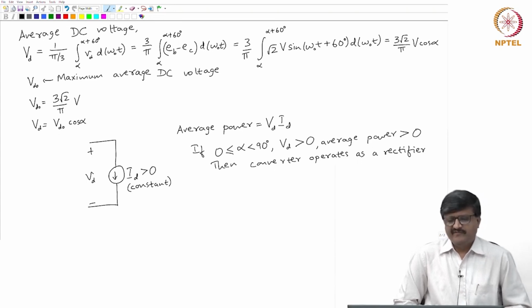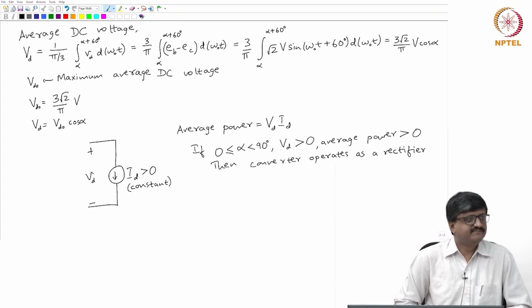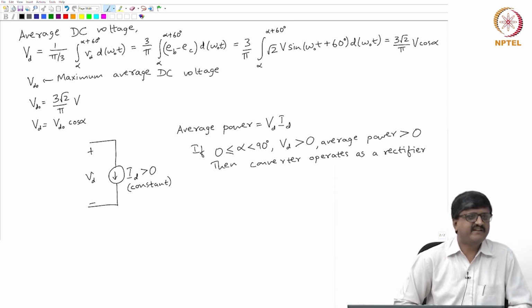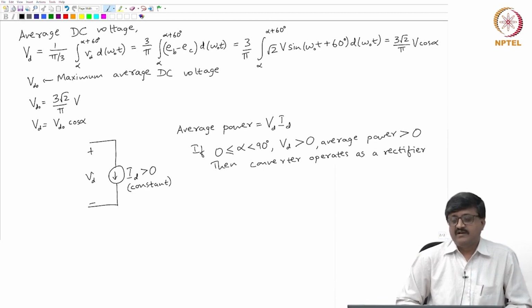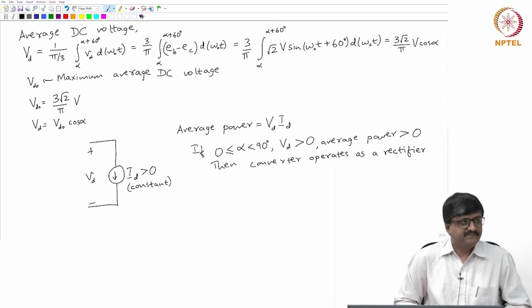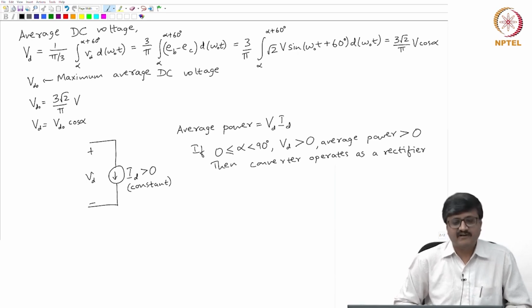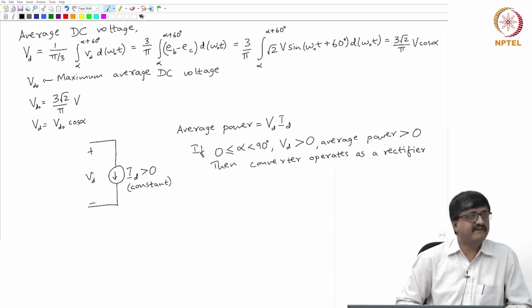Now, if alpha is 90, it is neither a rectifier nor an inverter, there is no power flow, okay. When VD is 0, power is 0, okay. Suppose alpha is greater than 90, then we get a negative value of the average value of the DC side voltage, then the power is actually flowing in the other direction.